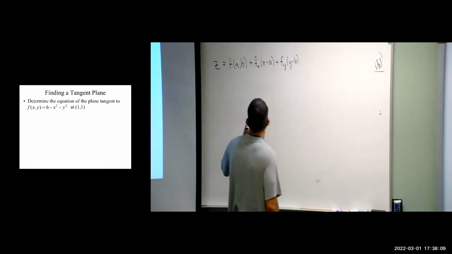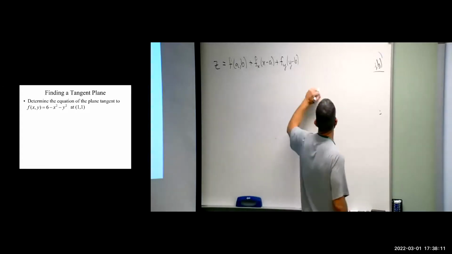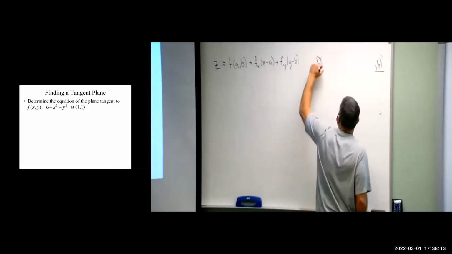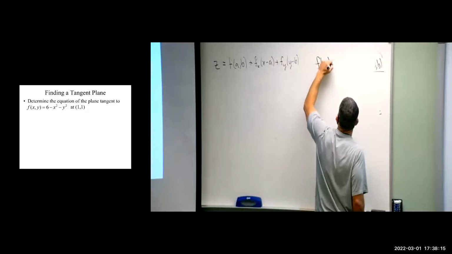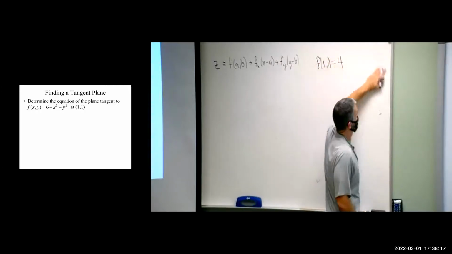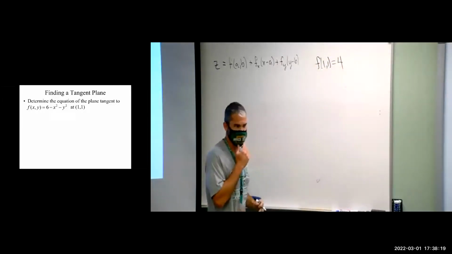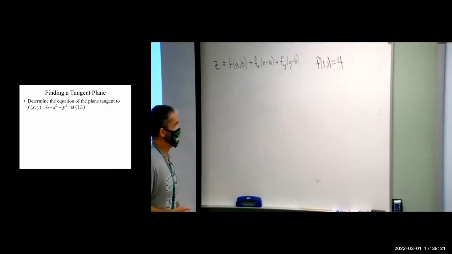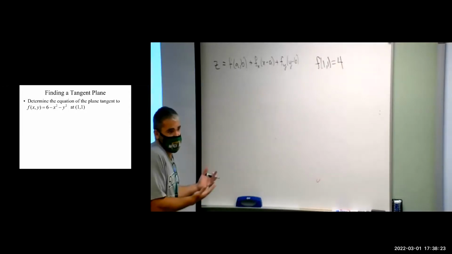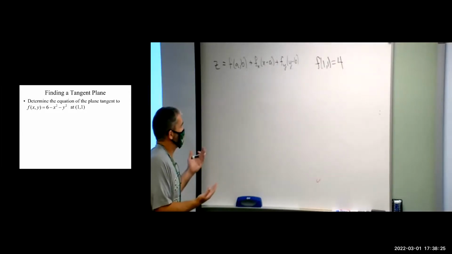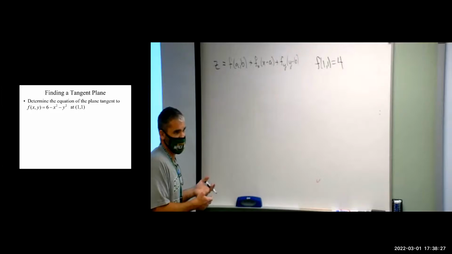So, if you guys didn't hear John Paul, he said f of 1 comma 1 is 4. Everybody okay with that? That seem reasonable? Okay, so we're already one piece there. We only need 2 more pieces, really. We need f sub x at a, b and f sub y at a, b.